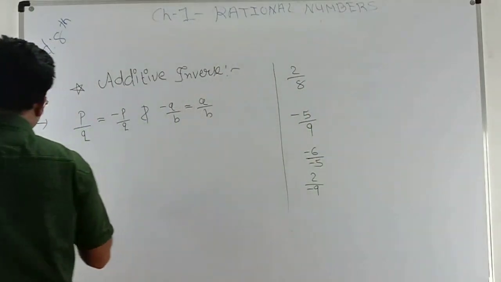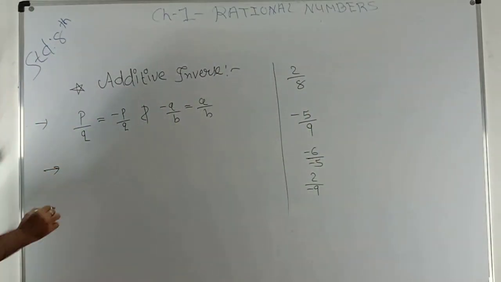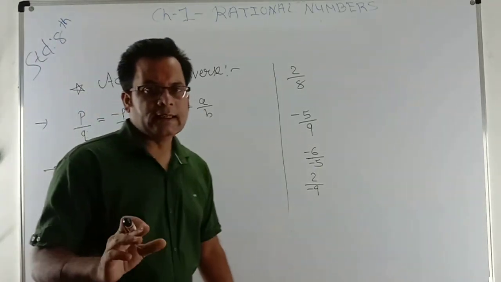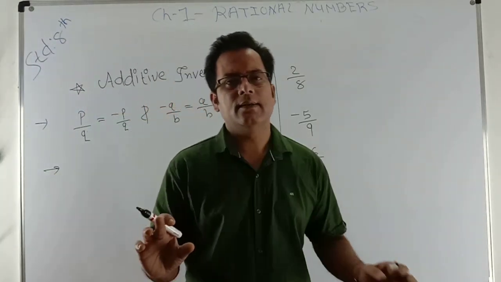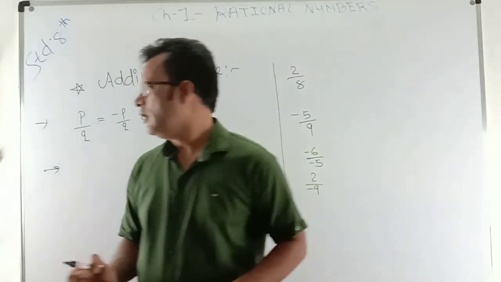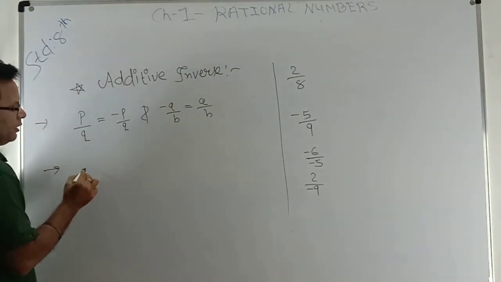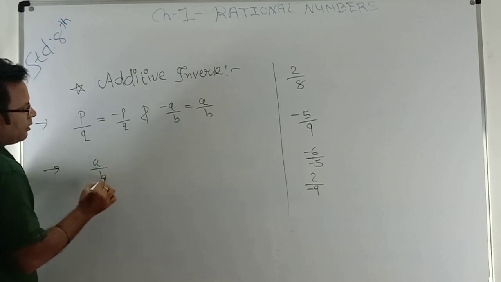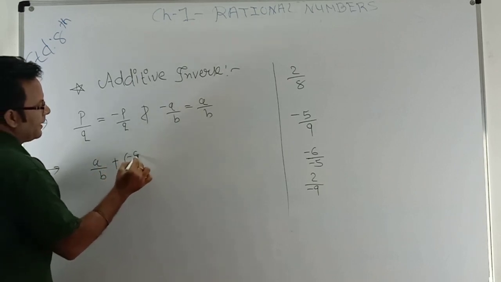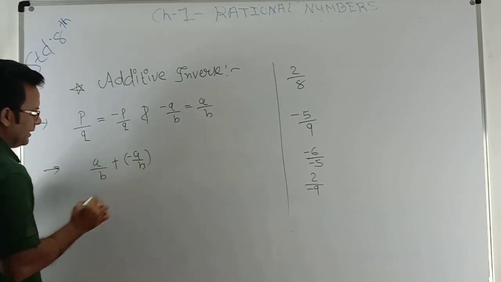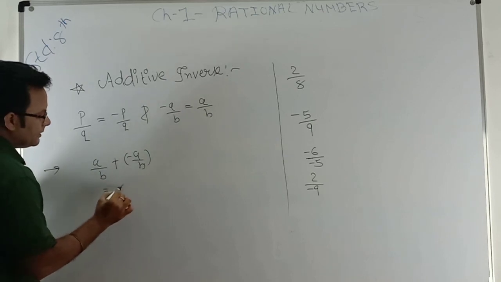Now one more thing. See, the additive identity is considered to be 0. So whenever you add these two fractions, suppose A upon B plus minus A upon B, it will be 0.